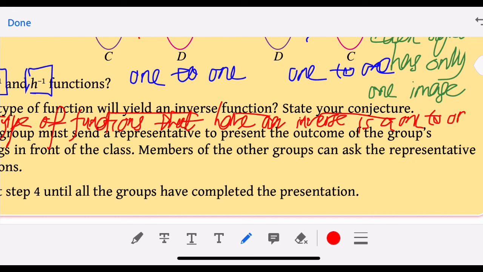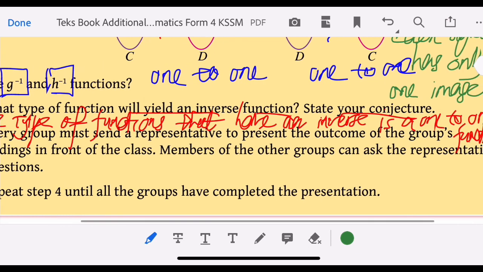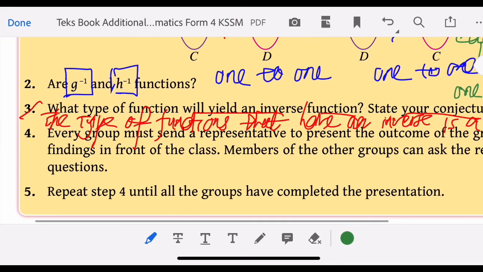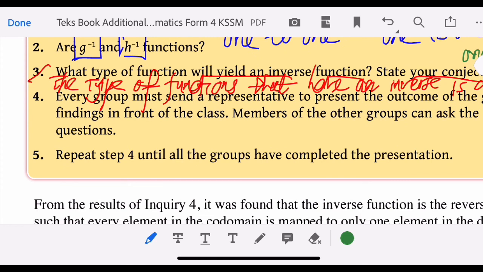It must be a one-to-one function. So that's how you answer. State the conjecture. This is a conjecture: the type of function that has an inverse is a one-to-one function. So that is how we answer the inquiry. We have to state the conjecture, which means a sentence to support the activity.